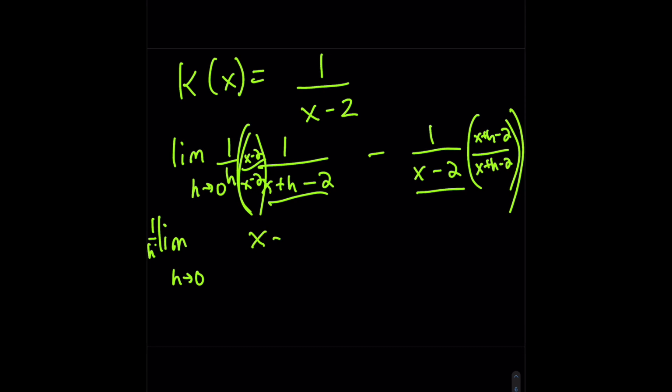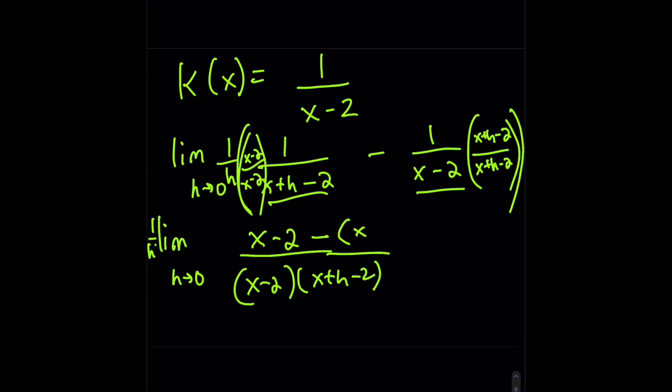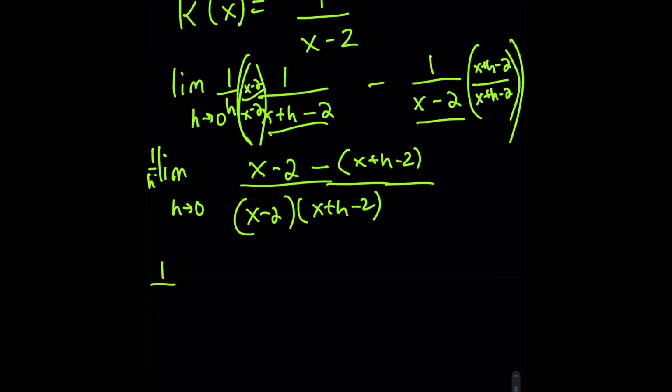Now we can multiply numerators. We'll keep the denominators factored, if you will. And then over here we have negative 1 times the quantity x plus h minus 2. Be very careful, make sure you include those parentheses. So we're just going to keep on churning through this limit.